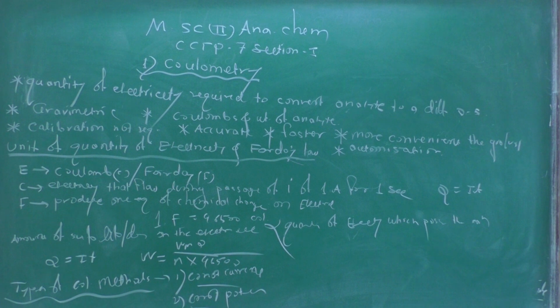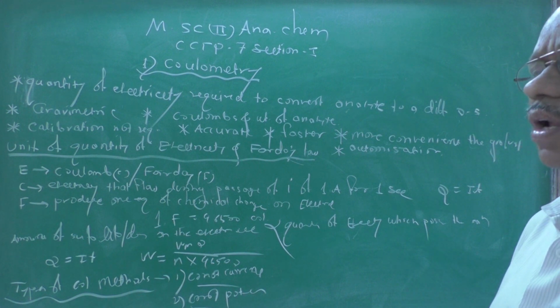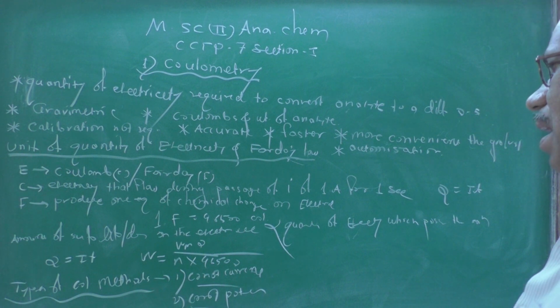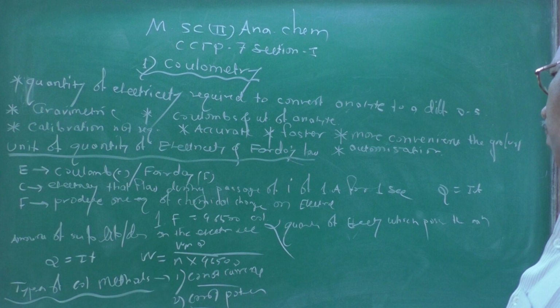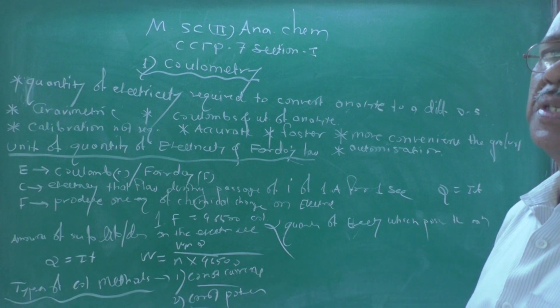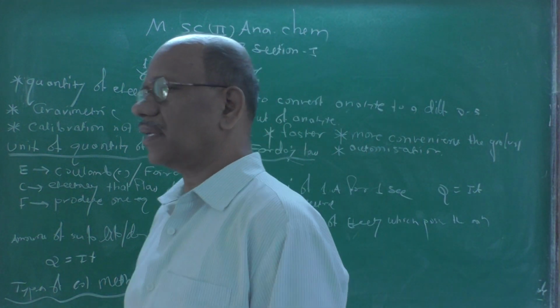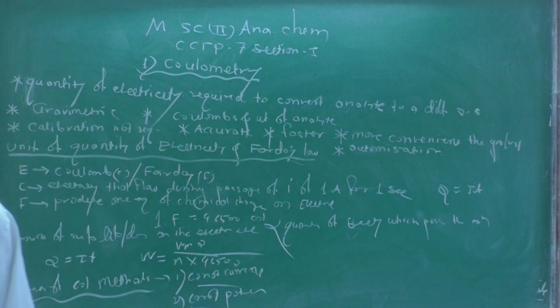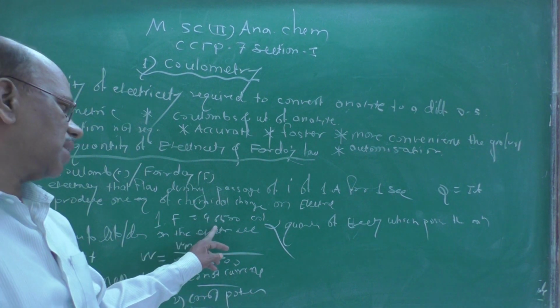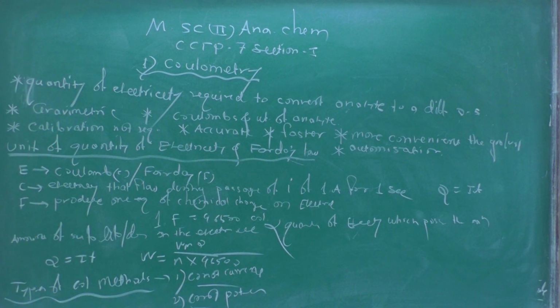Quantity of electricity is expressed in coulomb or Faraday, and the coulomb is the electricity that flows during the passage of 1 ampere for 1 second, calculated as Q = IT.